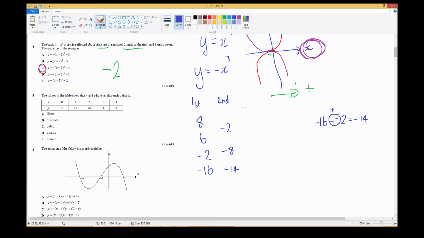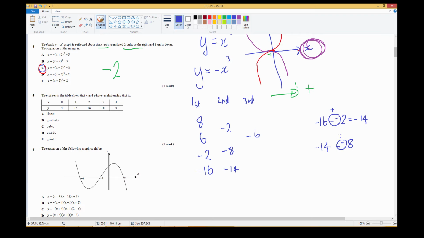Now again, the third step, the third differences: minus 8 minus minus 2 will give us minus 6, and negative 14 minus minus 8, just do it here to show you carefully, minus 14 minus minus 8.